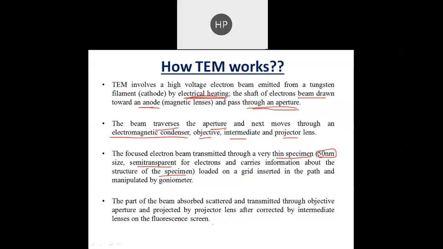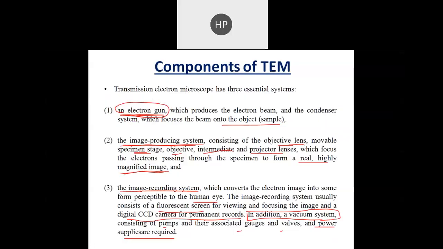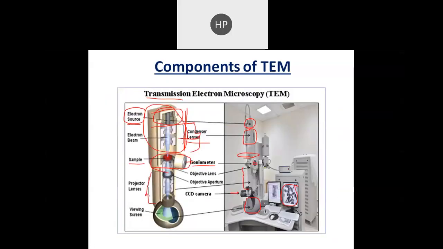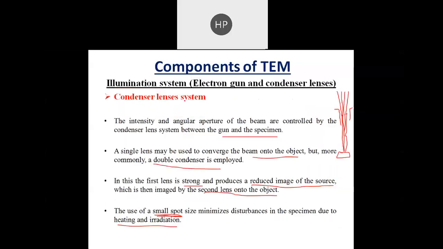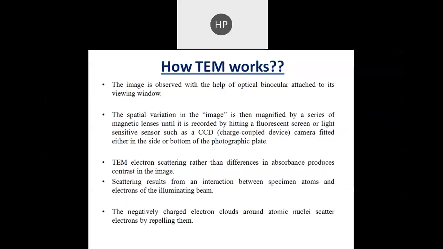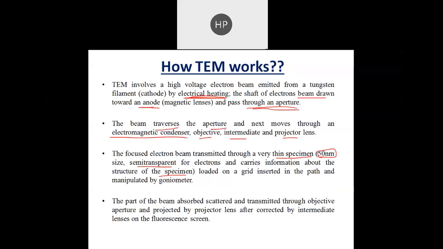Okay, so this is the same as what we have seen here: whatever transmitted electrons come into the projector lenses will then be collected on the fluorescent screen or a camera. So whatever scattered and transmitted electrons pass through the projector lenses will be collected onto the fluorescent screen.